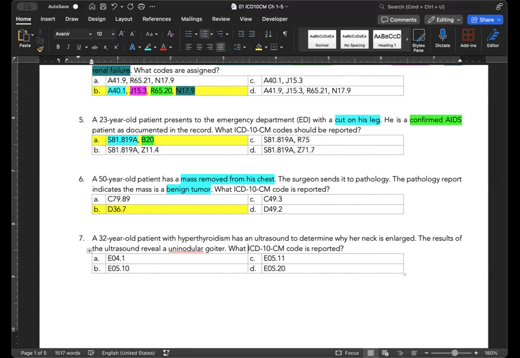Yep, goiter. Okay. Underneath goiter, where should we go?